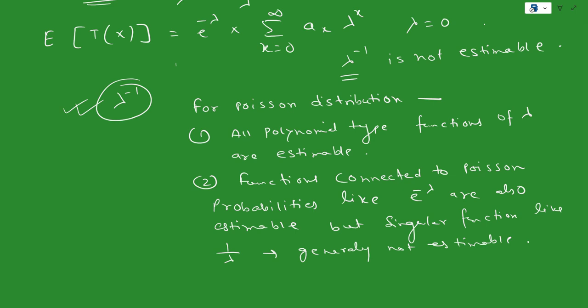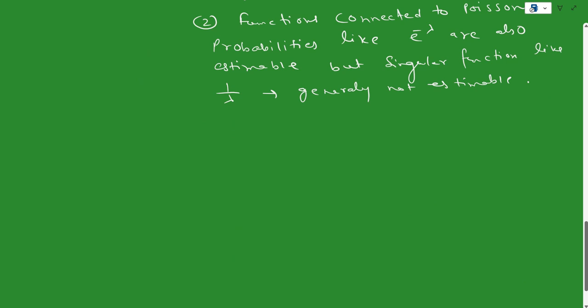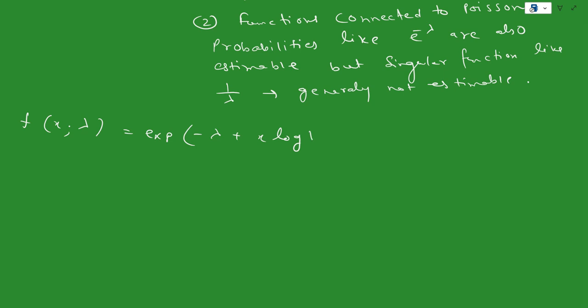Now, for exponential family distributions, estimable functions are closely connected to completeness and the power series structure. Always remember that. And Poisson belongs to the exponential family. Hence, analytic structure becomes extremely important in determining estimability.